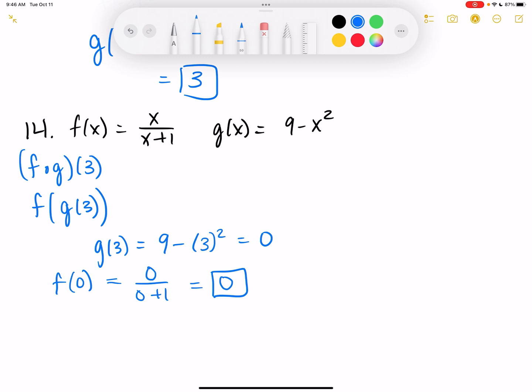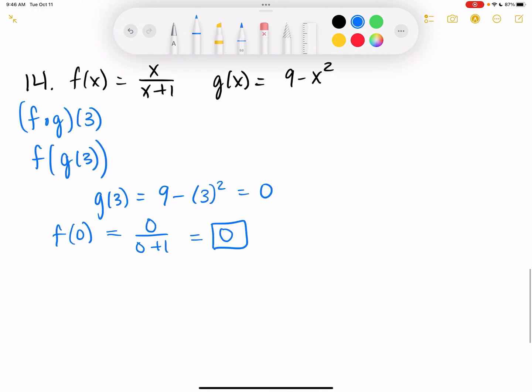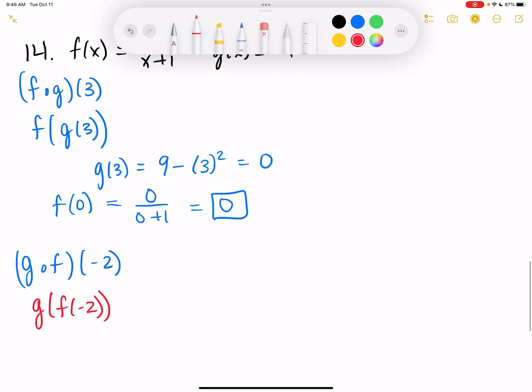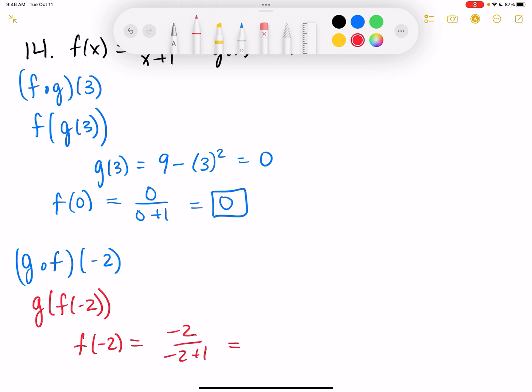All right, so then we have the other one, the g of f of negative 2. I'm going to go ahead and rewrite it. g of f of negative 2. So I'm plugging in negative 2 for x in f first. So f of negative 2 is going to be negative 2 over negative 2 plus 1, which is what? 2.